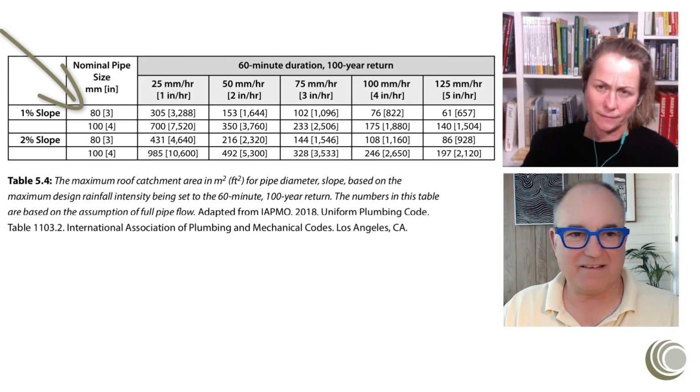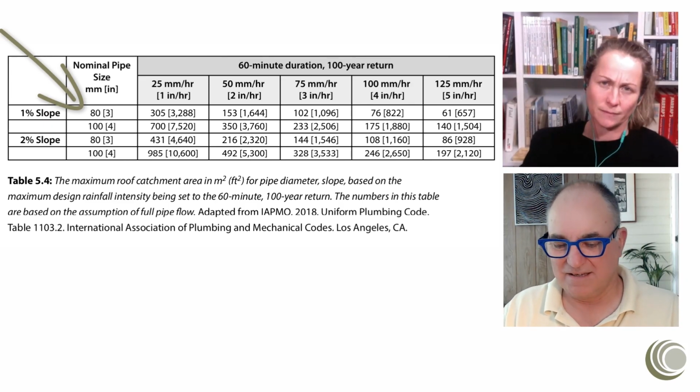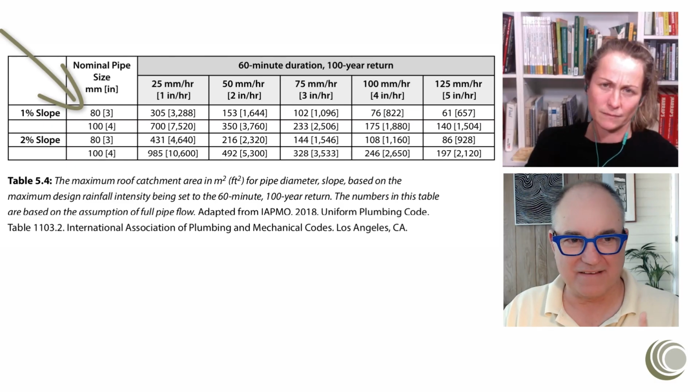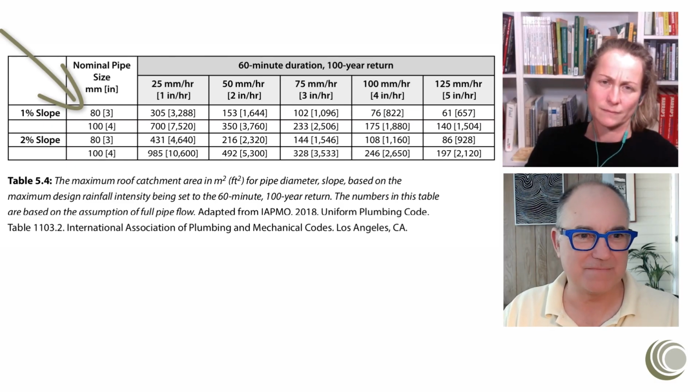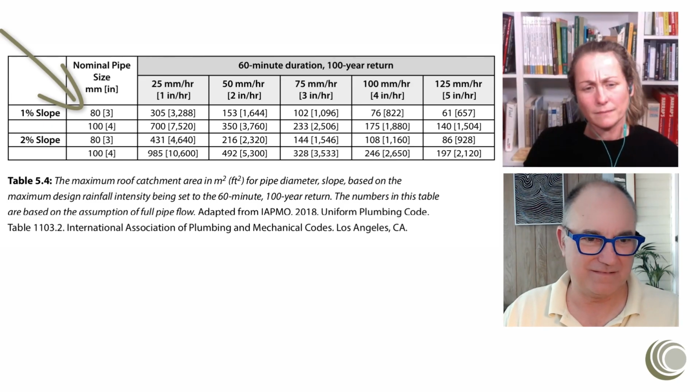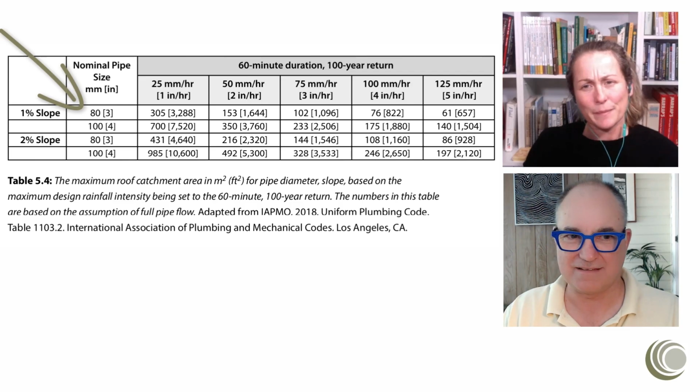So what's really going on here is these metrics will be used by your roofer, your roof plumber, to work out the spacing of your downpipes leaving your standard gutter system. So that's how that would work, and that's all about protecting your house and property from overflowing roof gutters.